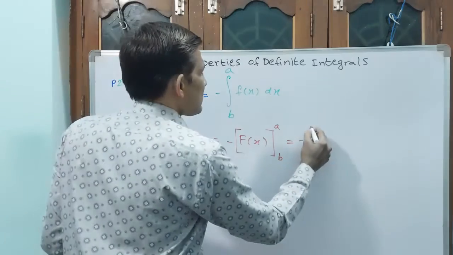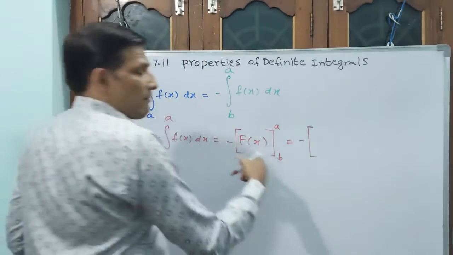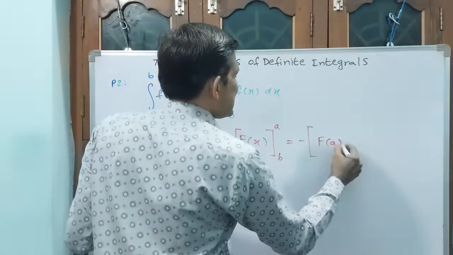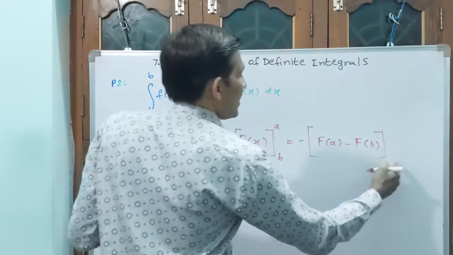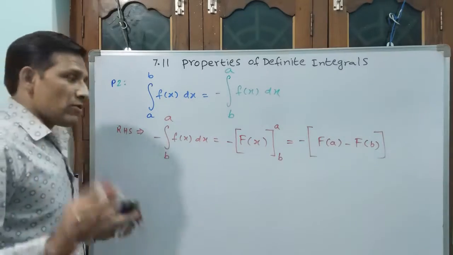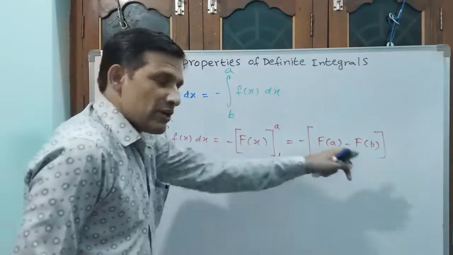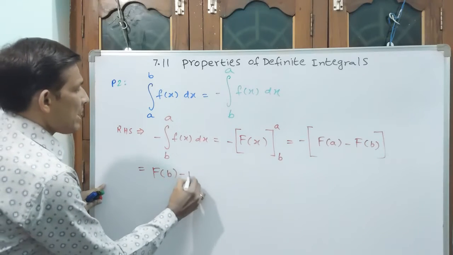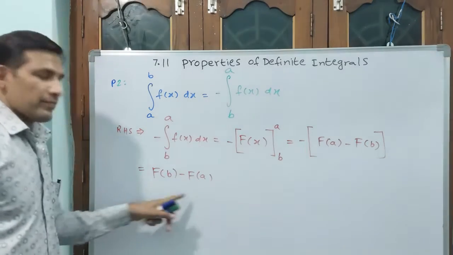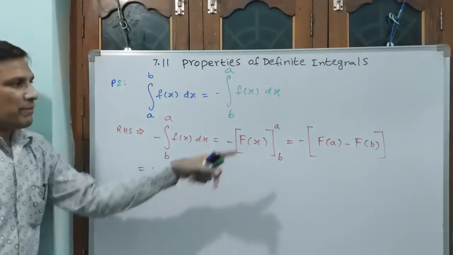That is equal to minus of upper limit F of a minus lower limit F of b. Now no limits will be there. Because of the minus, if you send the minus inside, it is going to become F of b minus F of a.